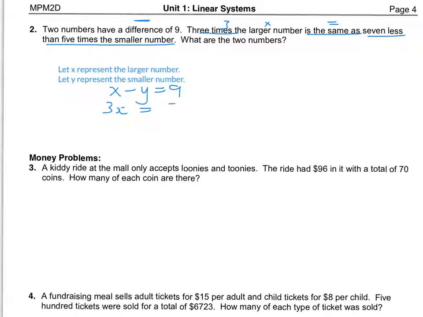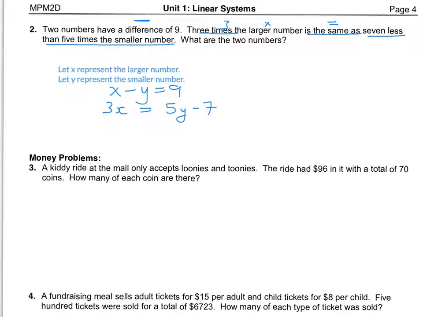So I want 5 times the smaller number. They're not quite equal because the 3 times the larger is the same as 7 less than 5 times the smaller number. So if I did 5 times the smaller number, I have to go 7 less than that to have it equal to 3 times the larger number. So hopefully that makes sense.